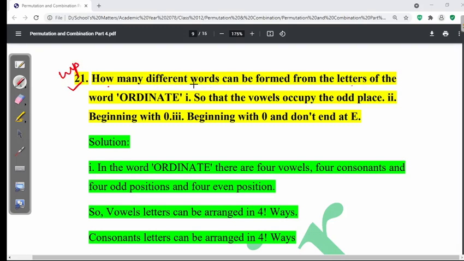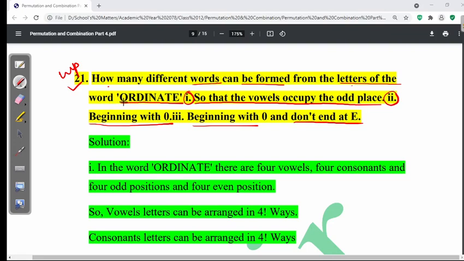How many different words can be formed from the letters of the word ORDINATE so that the vowels occupy the odd places? Question number 1. Beginning with O, that is question number 2. And beginning with O and not ending with E. There are 3 conditions, dear students.